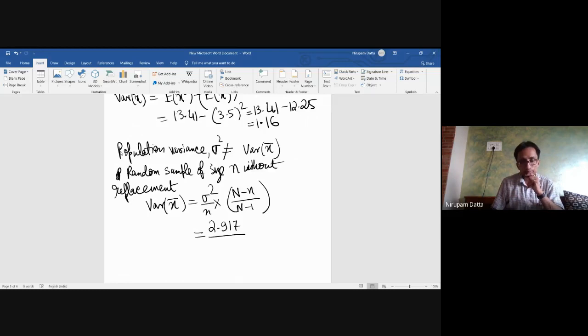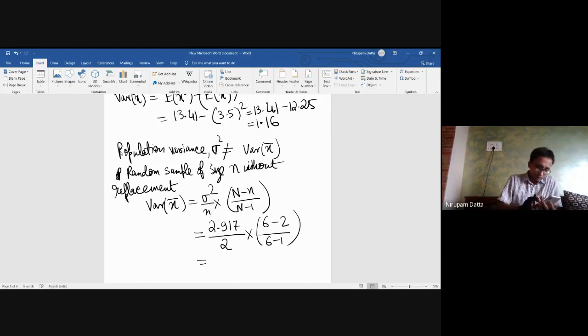What is n? Small n is 2. Capital N is 6. 6 minus n, 6 minus 2, N minus 1, that is 6 minus 1. So 2.917 by 2 is how much? 2.917 divided by 2, 1.4585 into 6 minus 2 is 4 divided by 5.